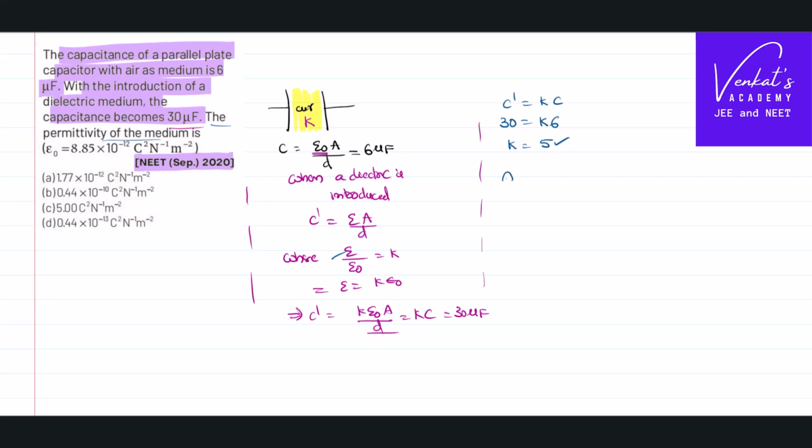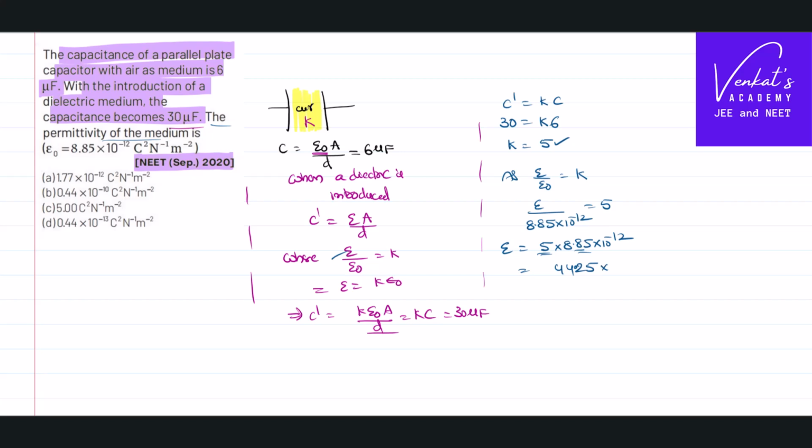As we know the formula, epsilon by epsilon naught is K. Epsilon naught is a constant value, 8.85 into 10 power minus 12 in the SI system, and the dielectric constant K is 5. So the permittivity of the medium is 5 into 8.85 into 10 power minus 12. 5 5s are 25, 5 8s are 40, therefore 42; 5 8s are again 40, so there is a 4.